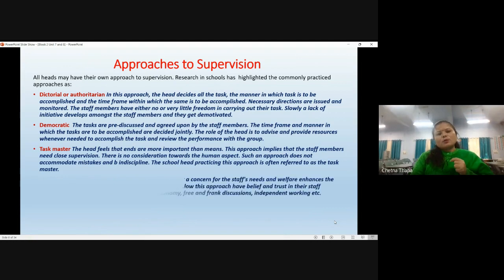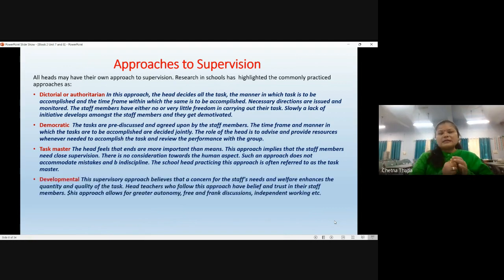Now, the fourth one is developmental, as we have discussed earlier in the previous slide, which is an important supervisory approach, which is common nowadays. In this approach, there is a concern for staff needs.